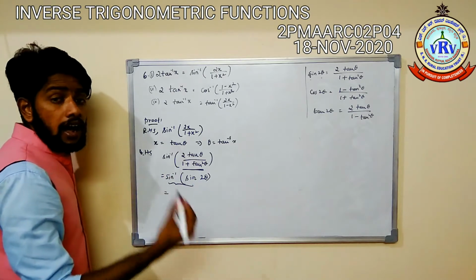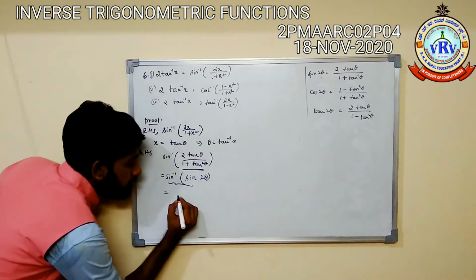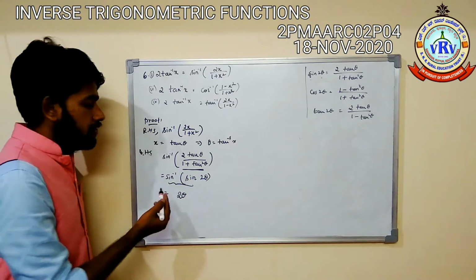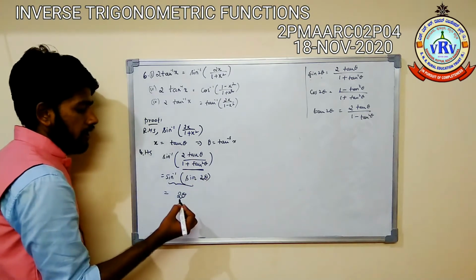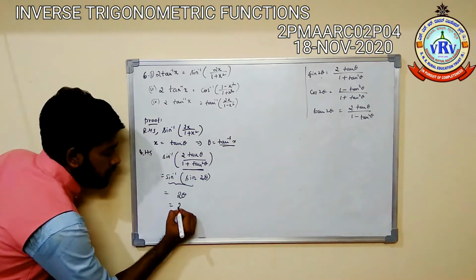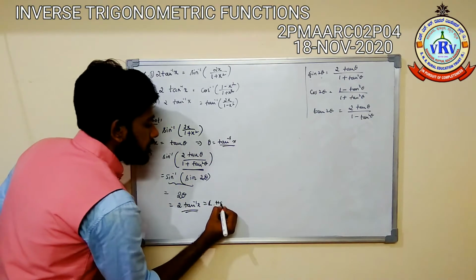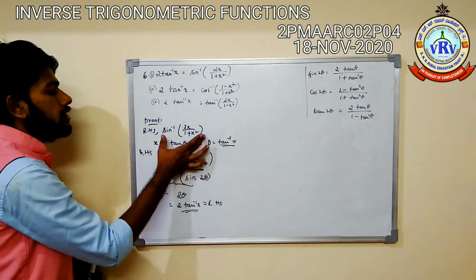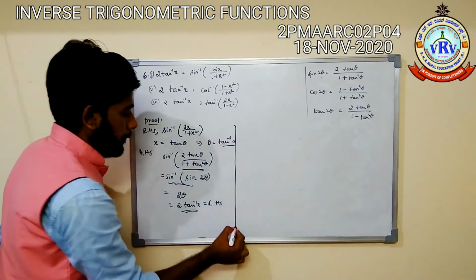It will give us the identity function. So it will return us just 2 theta. Or you can say it is cancelling, but actually it will give us the identity function. Now look at theta. What is theta? Theta is tan inverse of x. Just replace it, it is tan inverse of x, which is nothing but the LHS of the expression. So 2 tan inverse of x we can write as sine inverse of 2x divided by 1 plus x square.